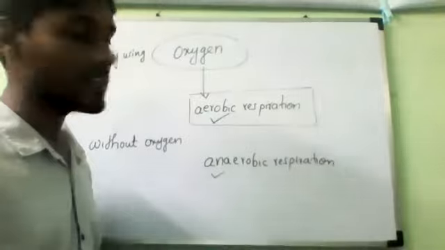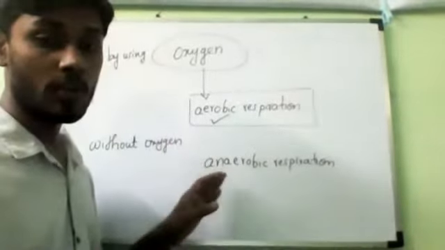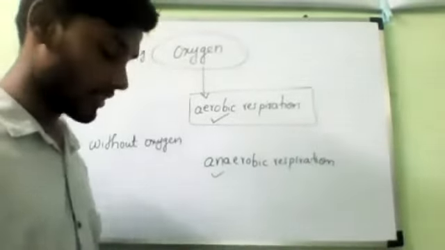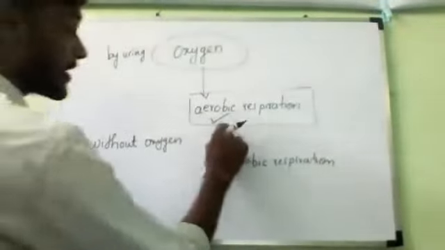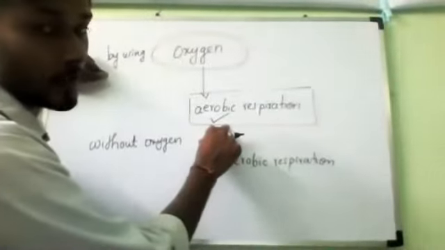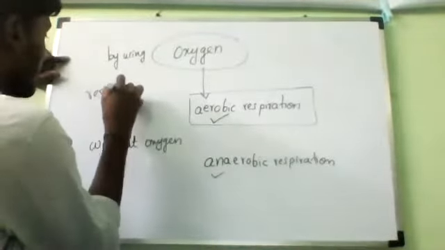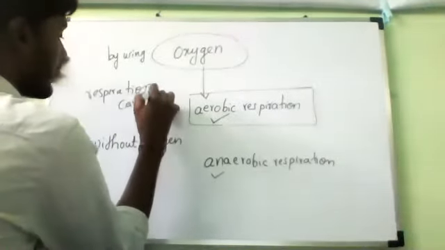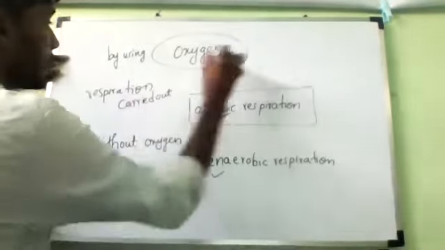If you want to understand aerobic and anaerobic respiration, we should know a few points before going to this concept. So you all must remember that. As we know, aerobic respiration means respiration carried out by using oxygen.